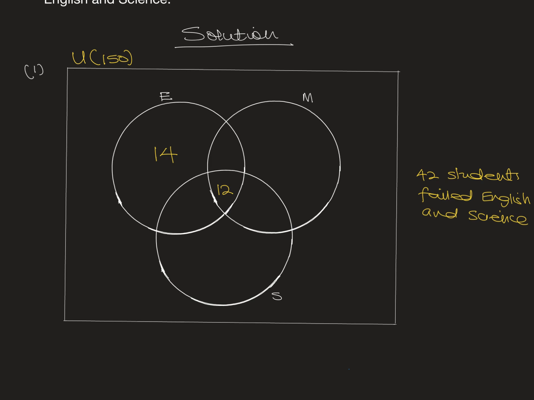And 42 minus 12 is 30. So we can now write 30. So you can see the trick of this question. All right, such that if you want to know whether your answer is right, add these two again, and you are supposed to have 42, since 42 students failed English and science, which covers this entire region that I am showing you. Okay?